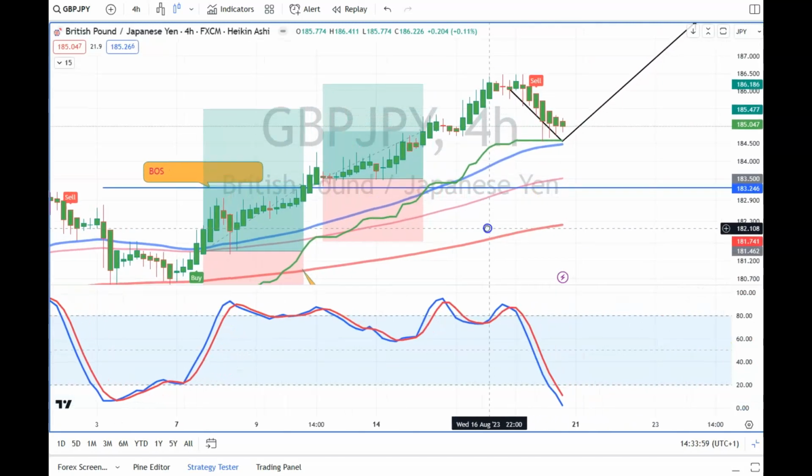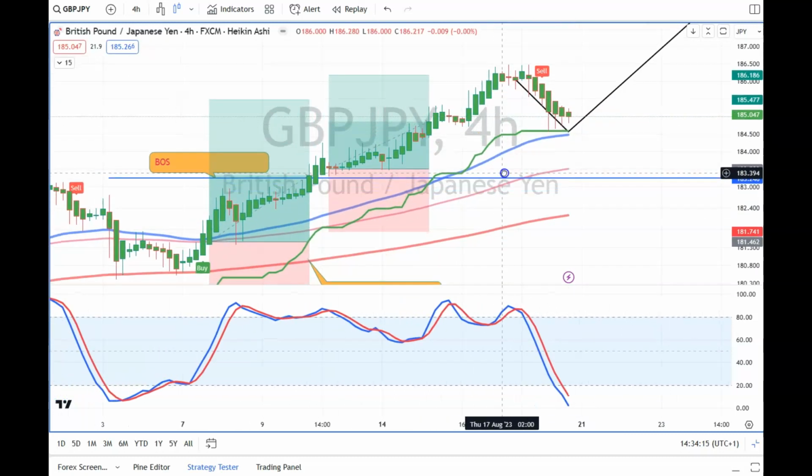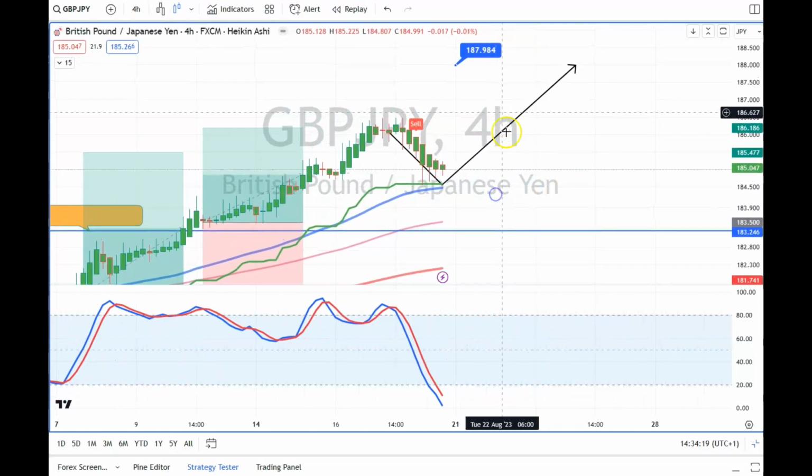So this is a far better trade, isn't it, than the pound Swiss, for instance. We do have the sell signal. I have an alert ready to let me know when it goes to a buy, maybe on Monday, we shall see. As long as it holds structure, then that's going to give you the opportunity to get back in and go long. Target 187, 188 is the target once we get going.